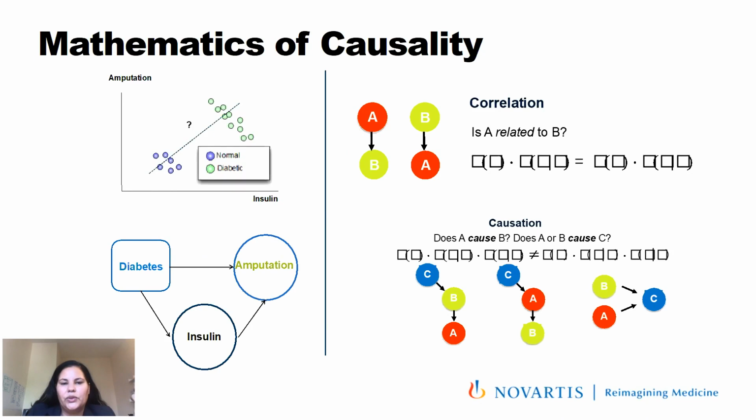And we want to be able to do the sorting of causality because it fundamentally helps us deal with confounding factors, which is a big deal and a big underlying issue with these data sets. Because if you're just trying to look at large-scale patterns of association, you would incorrectly infer that amputation and insulin are somehow associated, when we know that there's an underlying cause, in this case a confounding factor: if you have diabetes, that will influence your changes in insulin, which could influence amputation, and then diabetes directly to amputation.